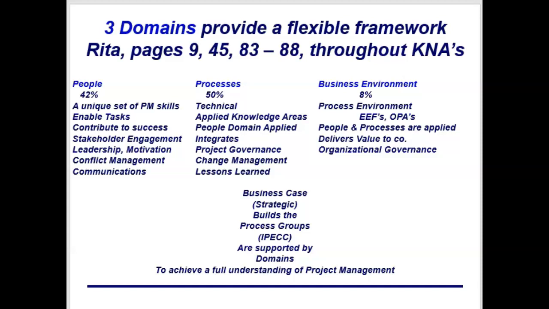But in summary, there's nothing really new in the people, processes, and business environment. Those are the 3 domains. The percentage of the test: people is 42%, processes 50%, and business environment 8%. But to be honest, we were already covering that material, so we're not going to focus on the domains, but just know that the term is used, what the domains are, and generally what they're about.